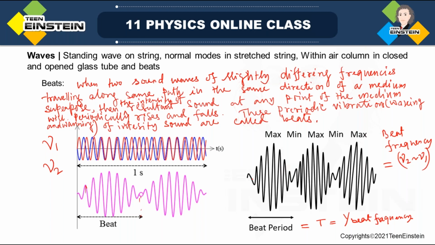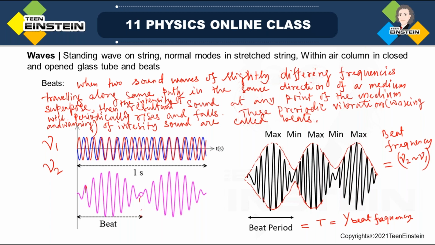You can see that the beat is vibrating with a particular frequency, that is called the envelope or the modulation of the frequencies. These are rapidly vibrating frequencies and this is a slow vibrating frequency. Those intricate things we'll discuss in the next class.